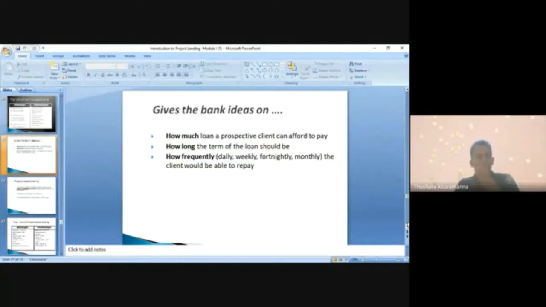Basically, on cash flow based lending, it gives us the idea of how much loan a prospective client can afford to pay, how long the term of the loan should be, and how frequently. That's the main difference between asset-based lending and cash flow lending. When you talk about cash flow, you know for sure how much he can pay. Like your personal loan, upfront they know how much they are going to approve and how much you can pay, and how long.